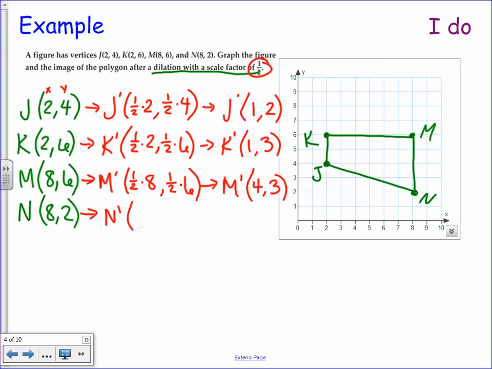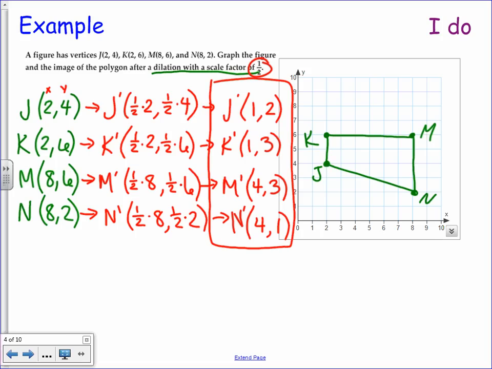N prime will be at 1/2 times 8, 1/2 times 2. So my new N prime will be at 4, 1. Now I'm going to graph my new coordinates, and they are right here.